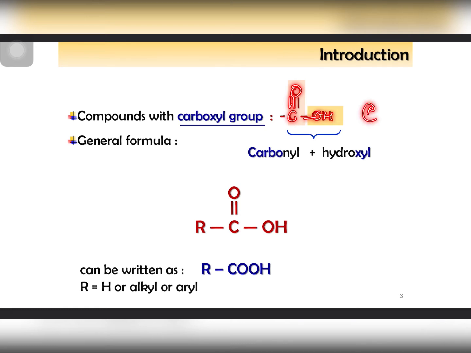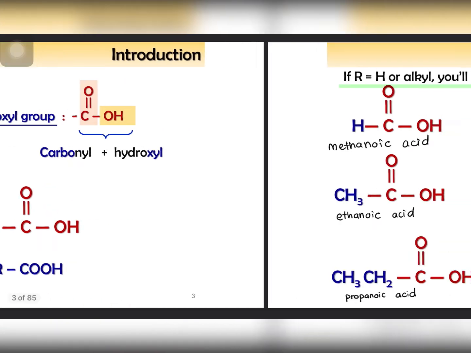OH ataupun COOH. Okay, so it can be written kalau expanded begini, ataupun you can also write in simple form COOH. So this R can be alkyl group ataupun aryl group.